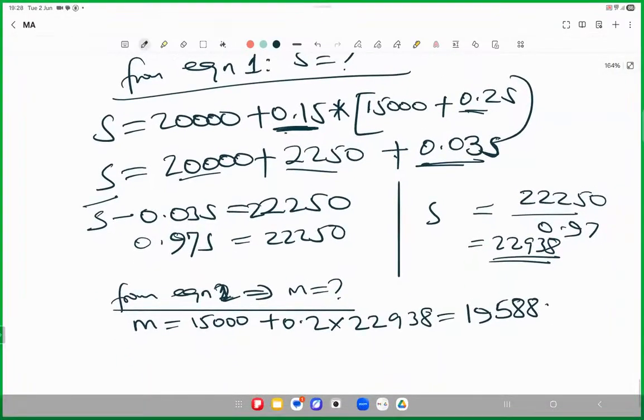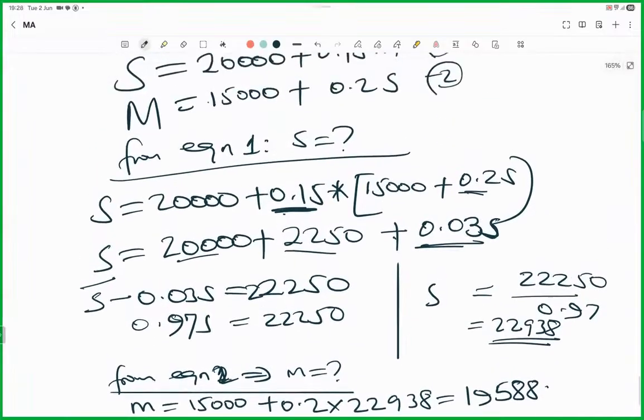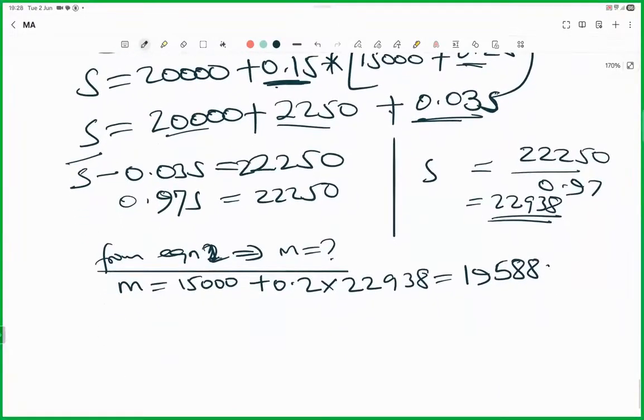So are we together up to there? Really take your time to follow through. 19,... I made a mistake somewhere, it is 0.2 S. Is it 0.2 S or 0.25? And S is what we have here, isn't it?